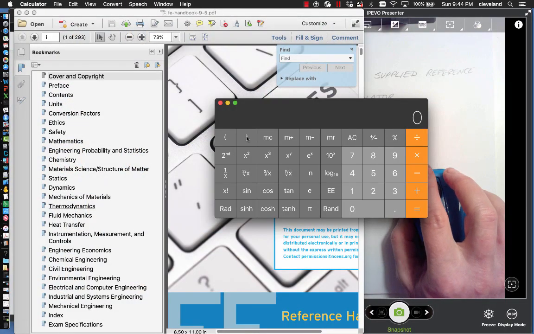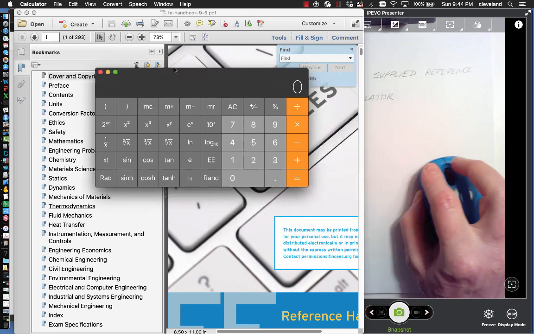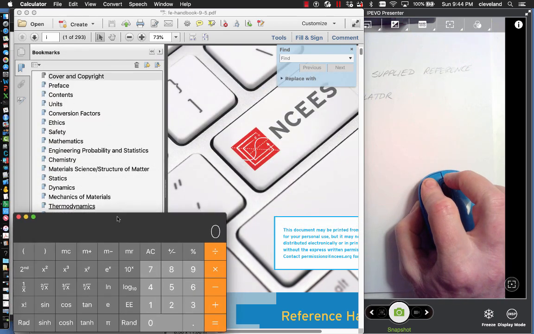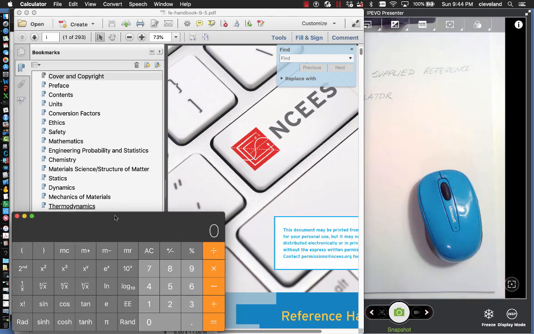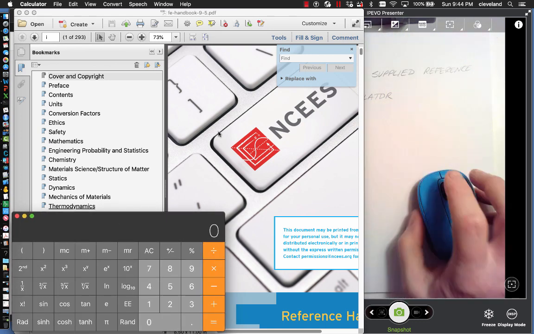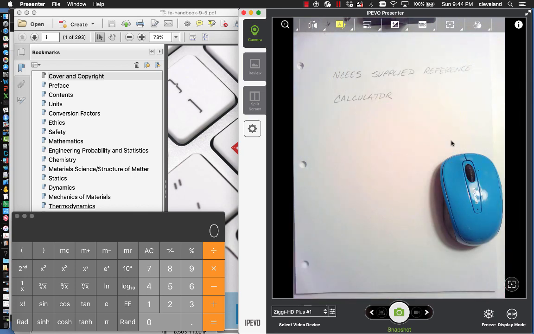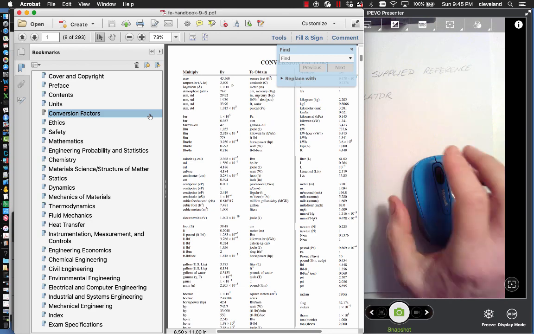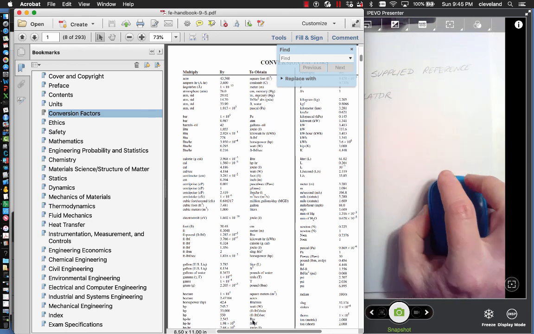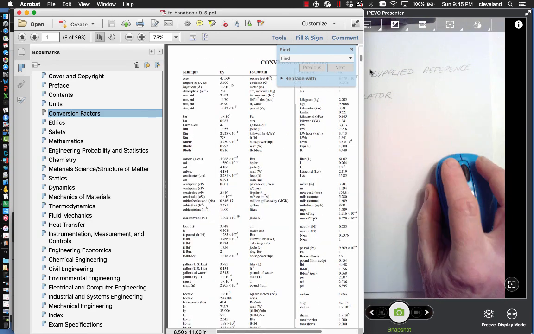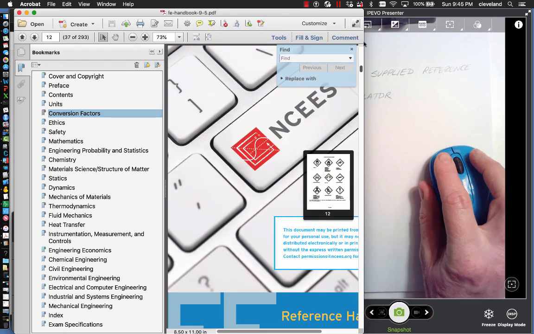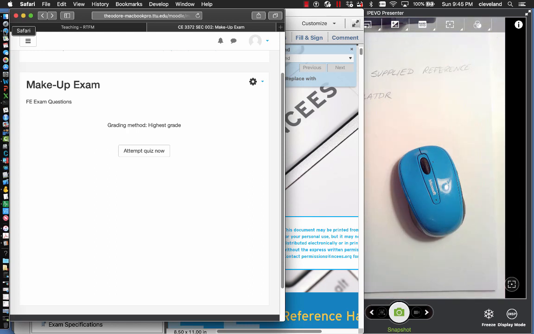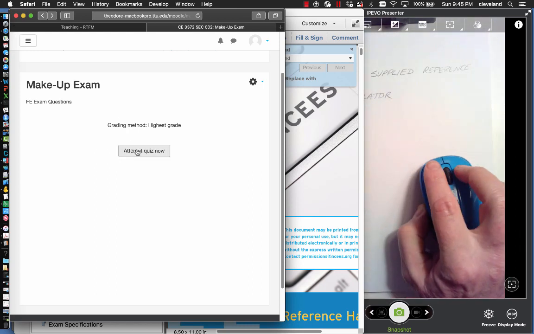That looks like a scientific one, so that should be fairly representative of what you would have on an exam, and I'll keep it in the corner, out of the way. Work I do by hand will be shown here in this right screen. Scrolling the handbook, I'll try to keep to the left side of it. The simulated quiz is right here. So let's go ahead and begin.